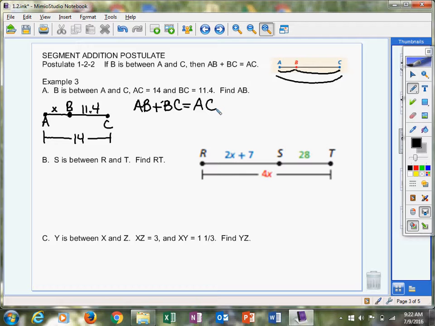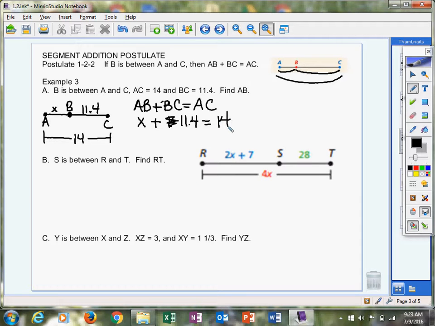We know that to be true, so let's fill in what we know. We don't know what AB is, but we do know that BC was given as 11.4. Sorry about the mistake there. And then that equals the whole thing, AC, which is length 14.